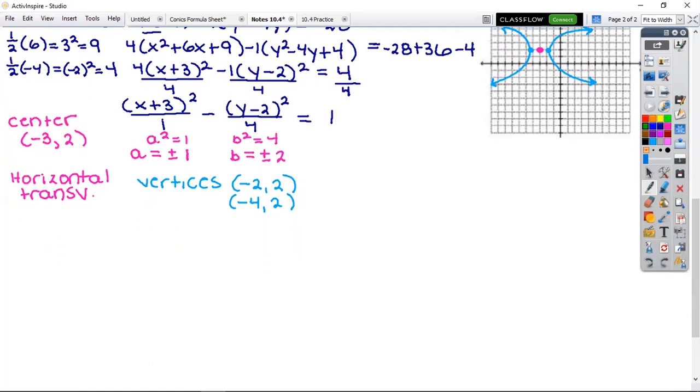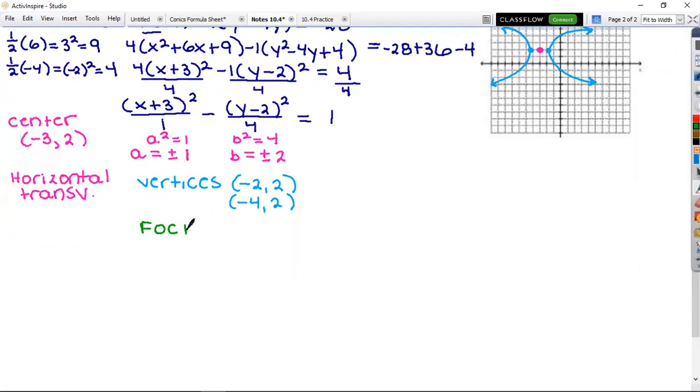All right, so to find your foci, again, that is your c value. So I'm going to go c squared is equal to a squared plus b squared. So c squared is equal to 1 plus the 4. So c squared is equal to 5. So c is equal to plus and minus the square root of 5.